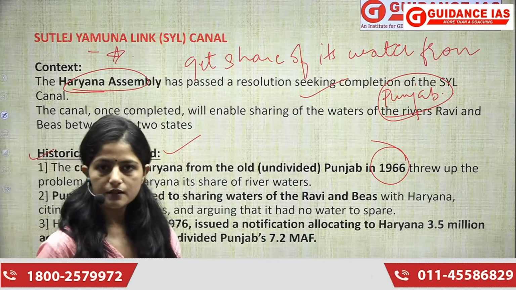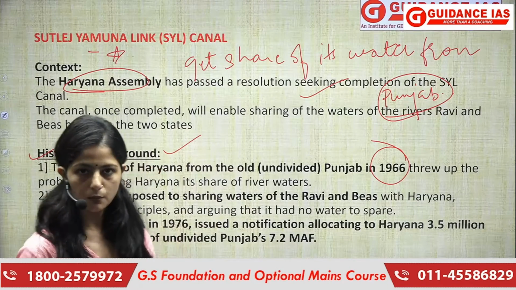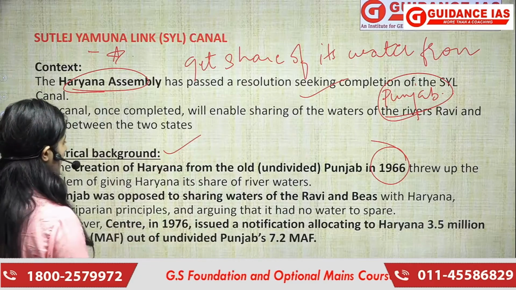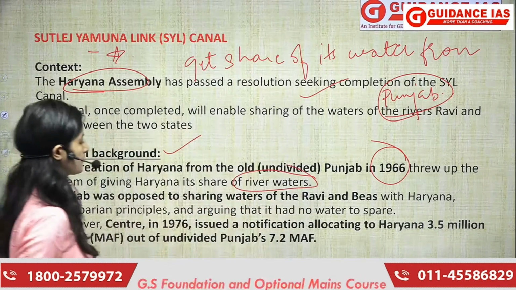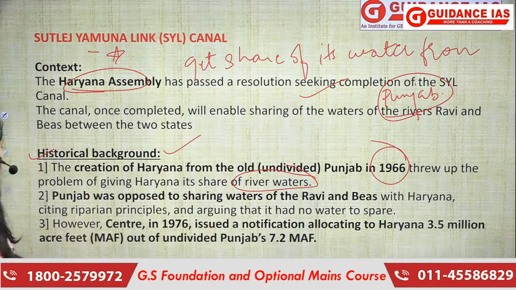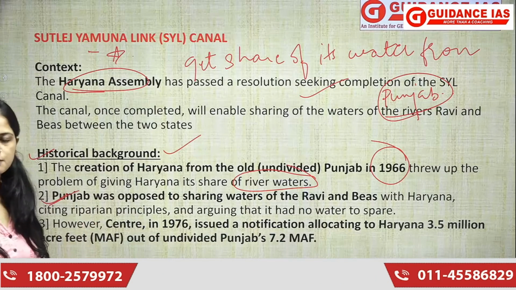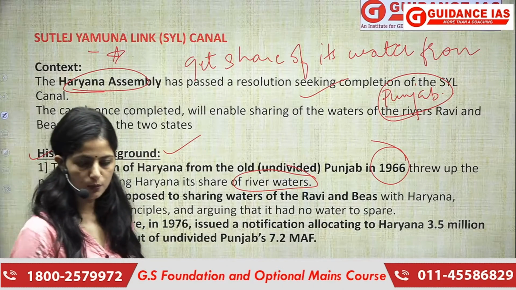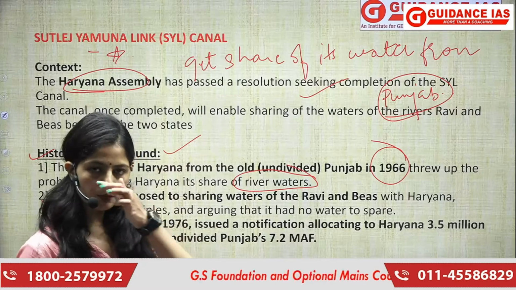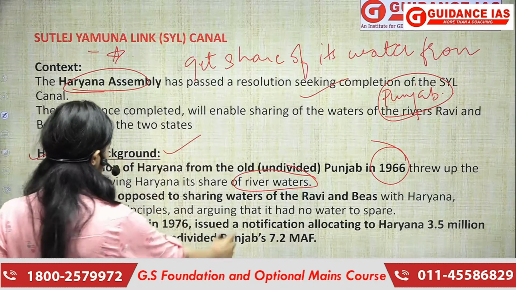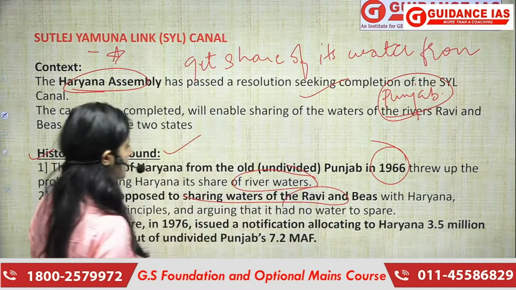A lot of things got divided and distributed to both the states, and river water was one of them. Punjab has opposed, from the very beginning, sharing the waters of Ravi and Beas.